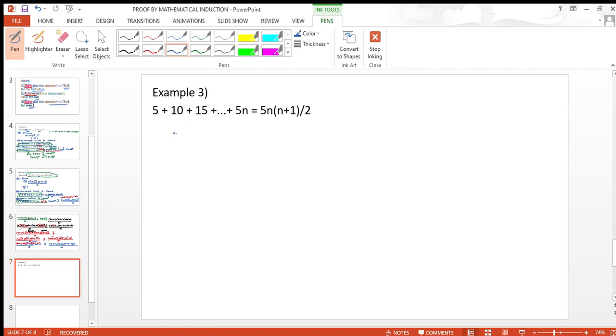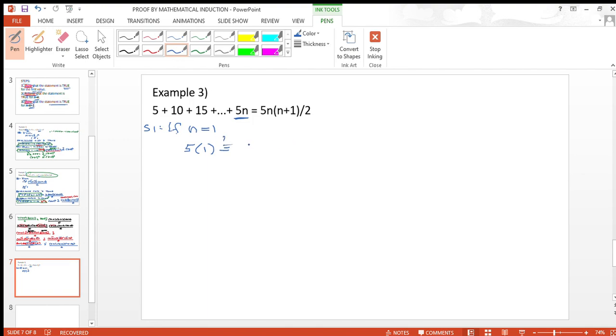Let's start. Step 1. If n is 1, you will find n here. We just substitute. That's 5 times 1 because n is 1.